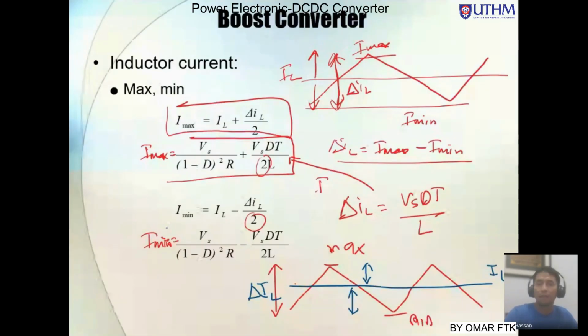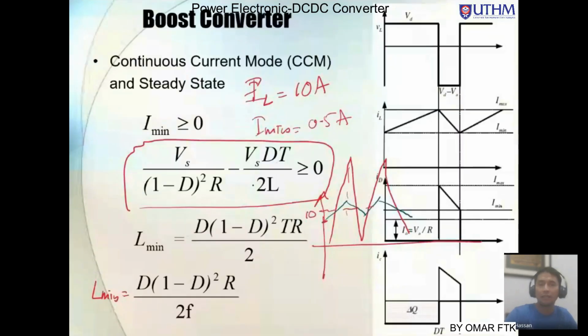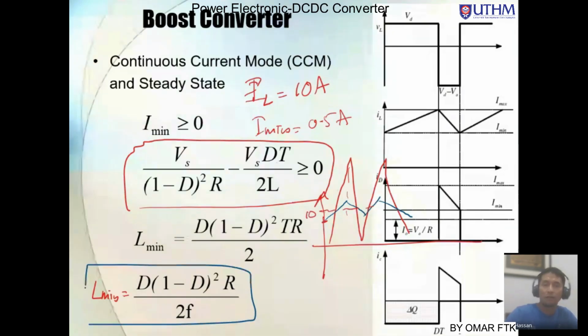This model. So if we replace both of these functions with this one and this one, then we get our model for the Imin and Imax. For Imin, we can use that model to determine our minimum inductor value. So this is the minimum inductor value, Lmin, but the value for the inductor must be 5 times or 10 times Lmin. So this is the model for the Lmin, the minimum value of the inductor.